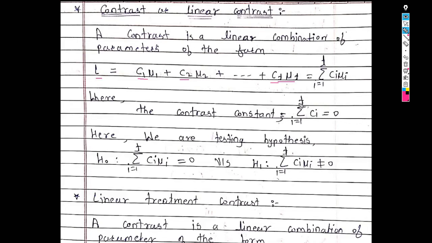If the summation of Ci equals 0, then we can say this linear combination is a contrast or linear contrast. So here we are testing the hypothesis H naught: summation over i of Ci mu i equals 0, versus the alternative: summation over i of Ci mu i is not equal to 0. We have discussed this earlier.